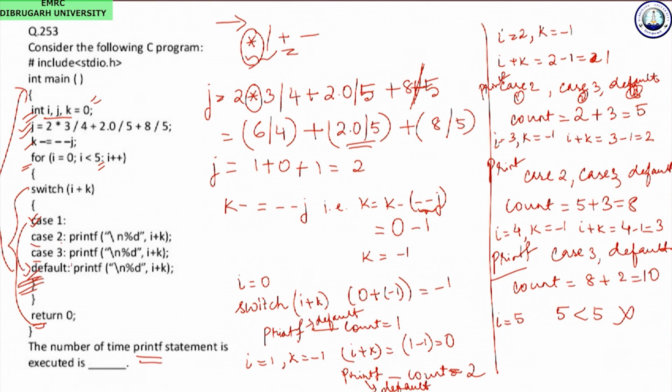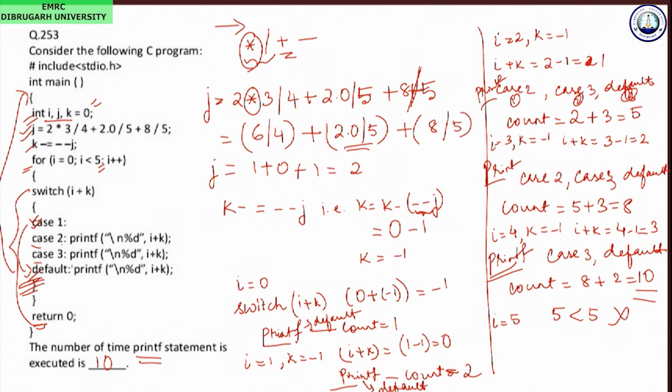So the number of times the printf statement is executed, when we have checked every time, we have got 10. So 10 times our printf statement will be executed for this given C program.